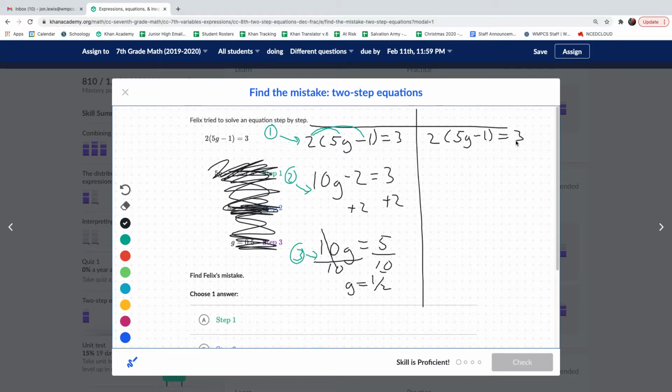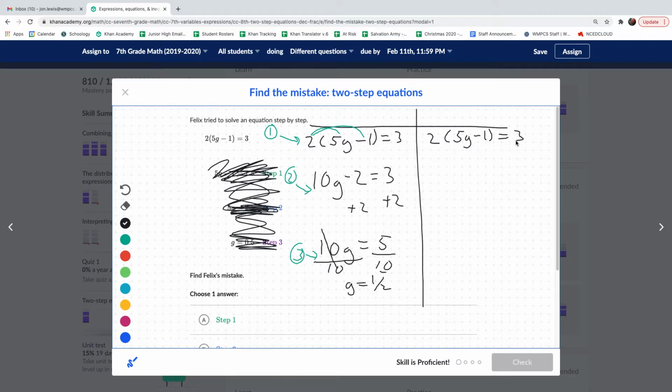I'm going to read that problem to you again, and listen to what I'm saying. 2 times 5g minus 1 equals 3. Let's say it again: 2, keyword, times 5g minus 1 equals 3.